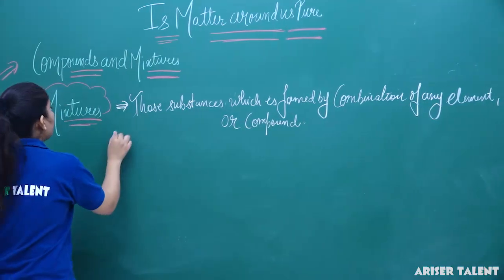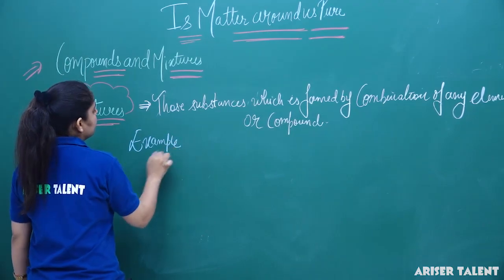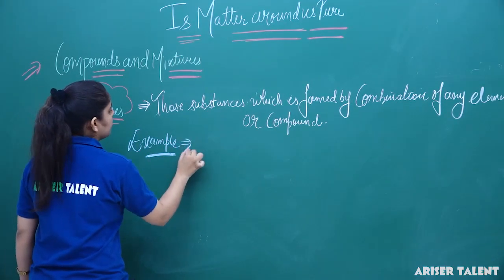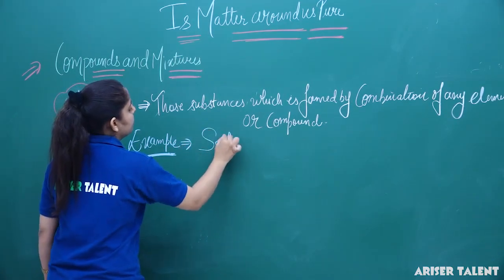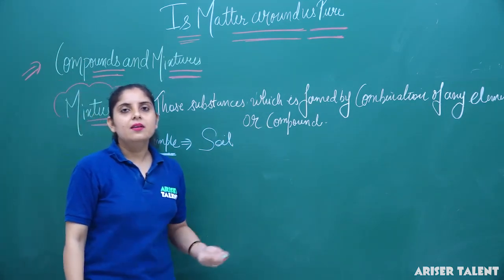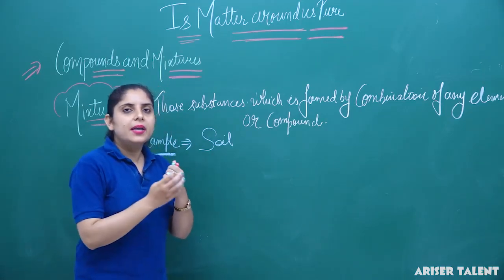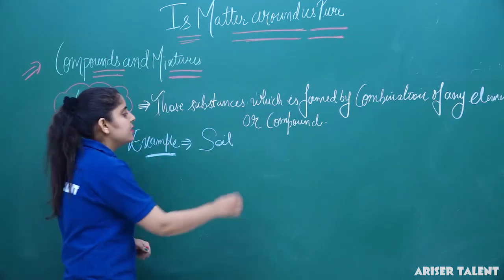And the most common example of mixture we have is, suppose, soil. Soil will consist of sand, clay, silt particles or marble, any form of things it can consist of.